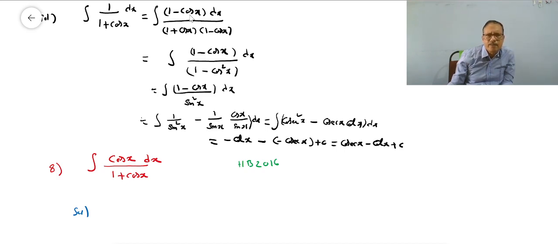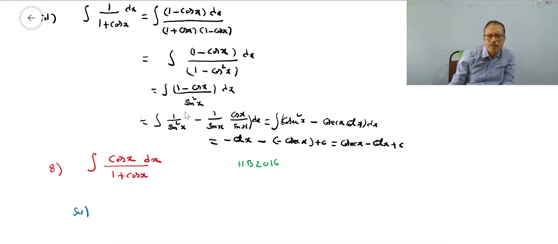Okay, so integral of 1 by 1 plus cos x dx, we have multiplied numerator and denominator by 1 minus cos x. So 1 minus cos x by 1 plus cos x into 1 minus cos x. So 1 minus cos x by, this is of the form a plus b into a minus b, that is a square minus b square, 1 minus cos square x into dx. Integral of 1 minus cos x by 1 minus cos square x is sin square x dx. On splitting, 1 by sin square x, so cos x by sin square x can be written as 1 by sin x into cos x by sin x into dx.